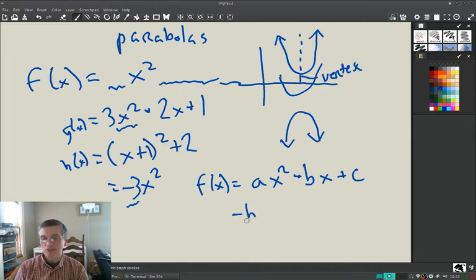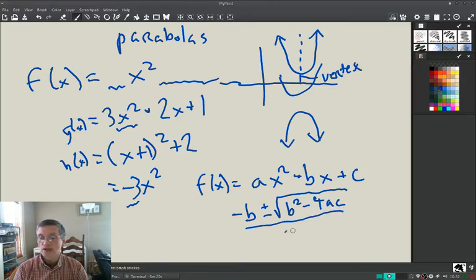That's minus b, plus or minus the square root of b squared minus 4ac, over 2a. Don't worry about memorizing these things. That will give you the two roots, or the intercepts if they're real, and if they're imaginary, then it gives you the imaginary solutions, and the equation never has real zeros.